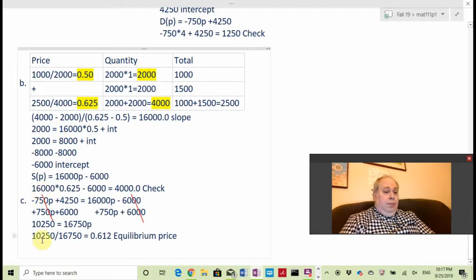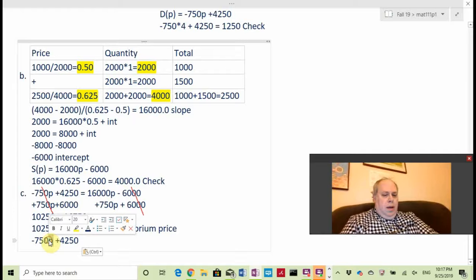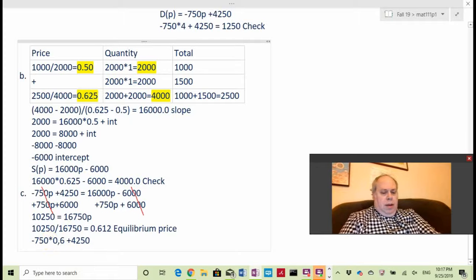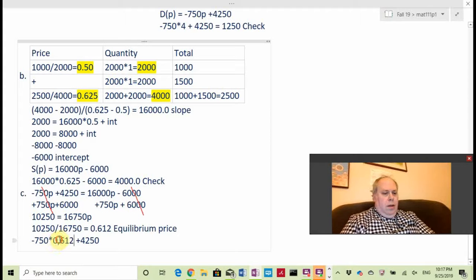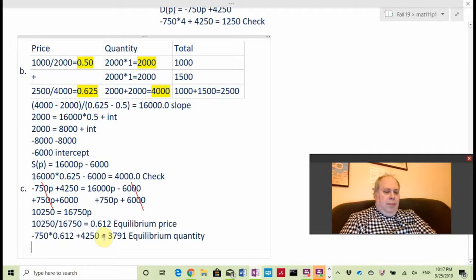Now at this point, we'll take the demand function and plug in 0.612 for P. Let's use American style. And it's going to give me the equilibrium quantity, unless we're wrong. Let's check the work and see if it comes out right.